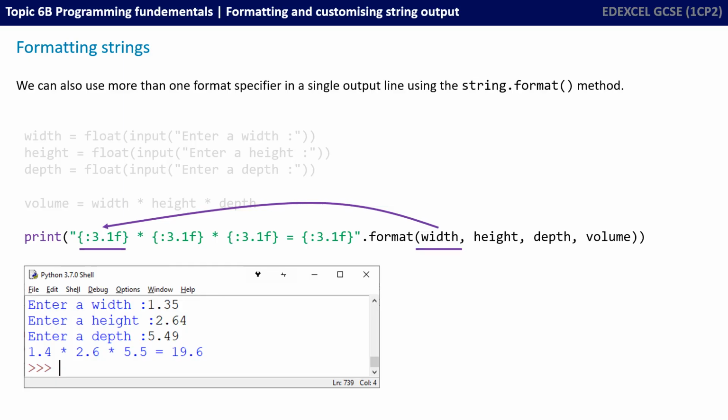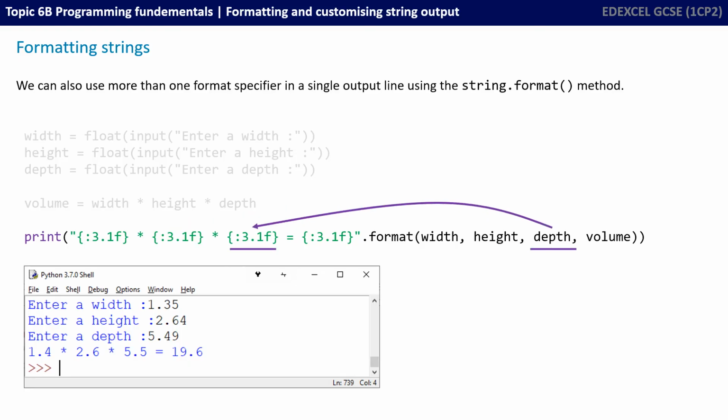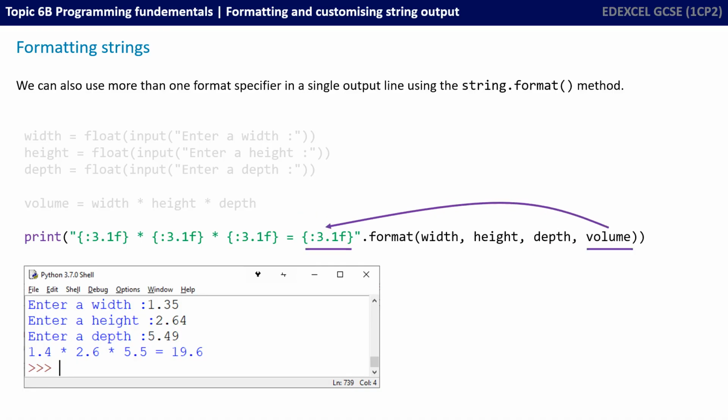So width would end up in the first format specifier location and will be formatted to 3 columns with 1 after the fixed decimal point. Height would then take the place of the second format specifier, depth the place of the third, and volume the place of the fourth.